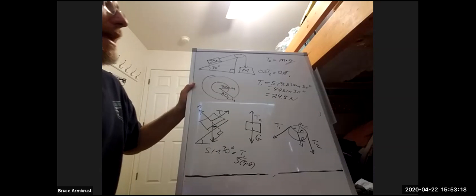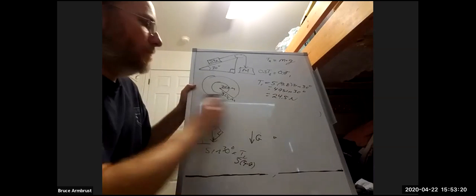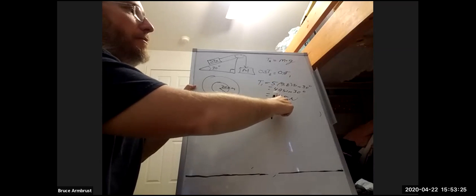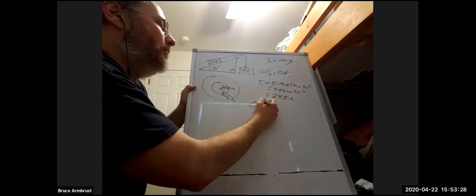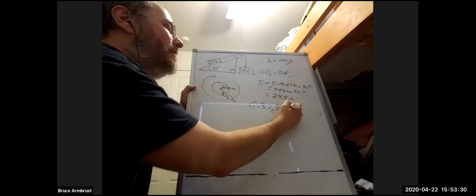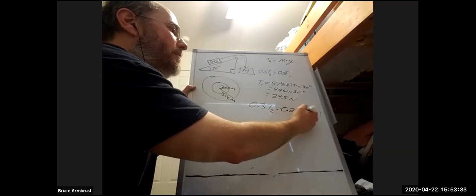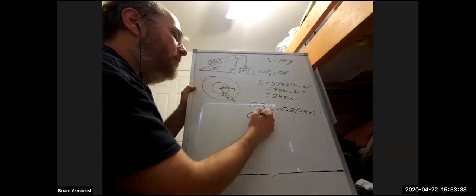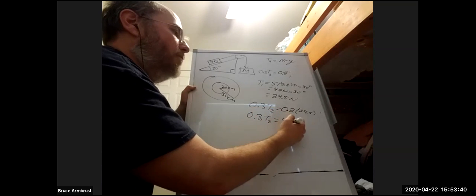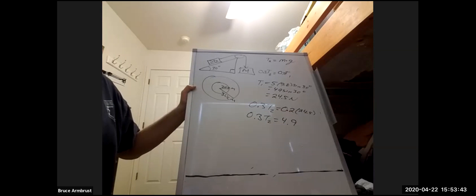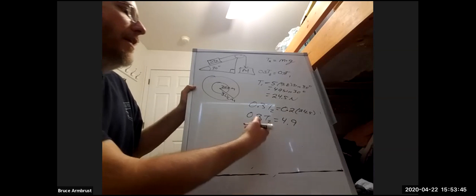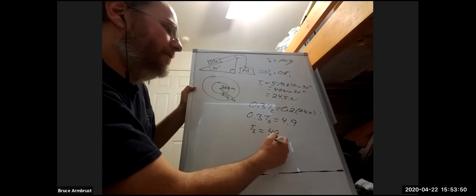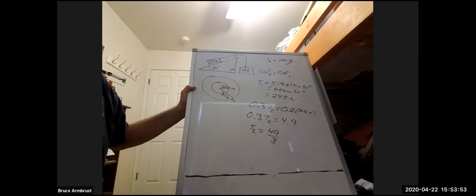So T1 was 24.5 newtons. We get 0.3 times T2 equals 0.2 times 24.5, so 0.3 T2 is equal to 4.9. Then I'll divide by 0.3, and that's equal to 49 thirds. I'll leave it like that for a second.